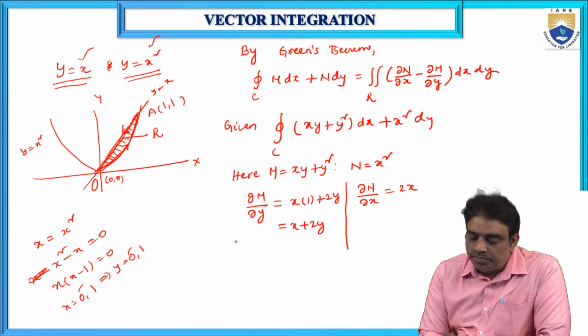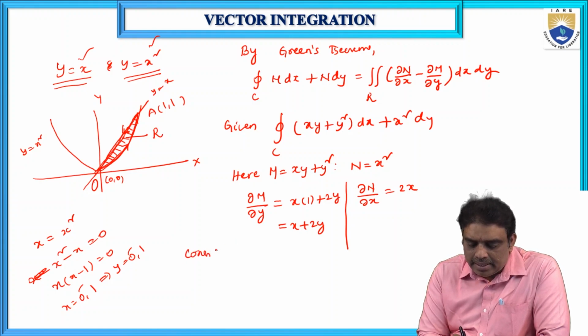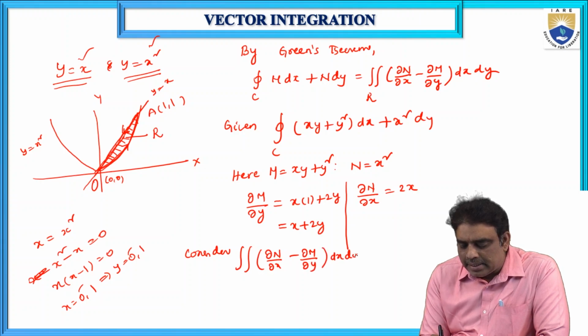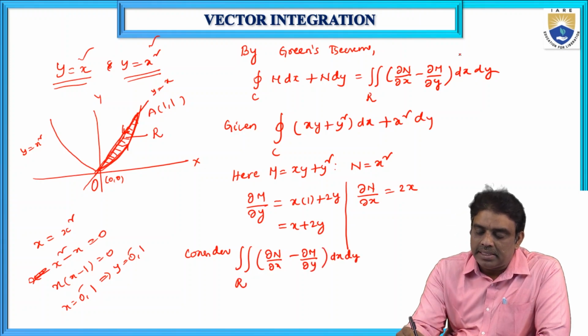Now consider the double integral of (∂N/∂x minus ∂M/∂y) dx dy over the region R. I am considering the RHS term.